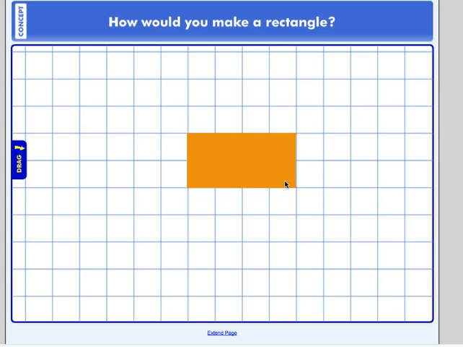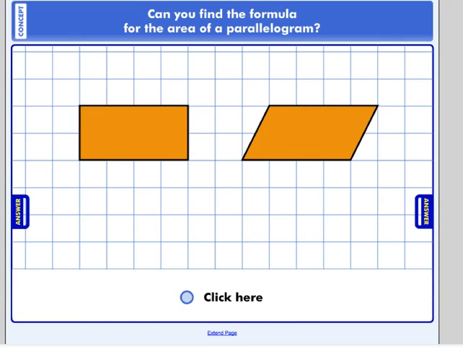And to find the area of a rectangle, we do base times height. So it would be 4 times 2, 8. See how I imagined this piece? Well, parallelograms work that way. That's how we can find the area of a parallelogram.